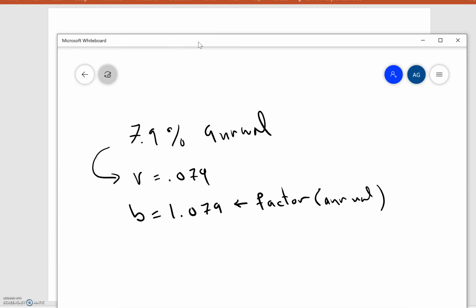Okay, and so essentially what we're going to do is raise B to the 5th power, and this will become our 5-year factor. And then, I'm going to put an arrow here to indicate the process, we're going to convert this 5-year factor to a 5-year rate. The way we do that is we subtract 1.